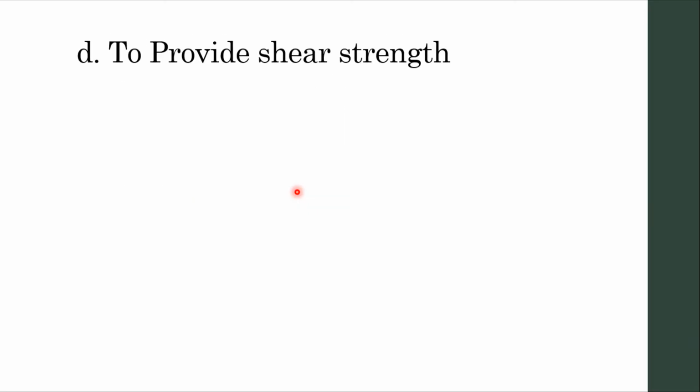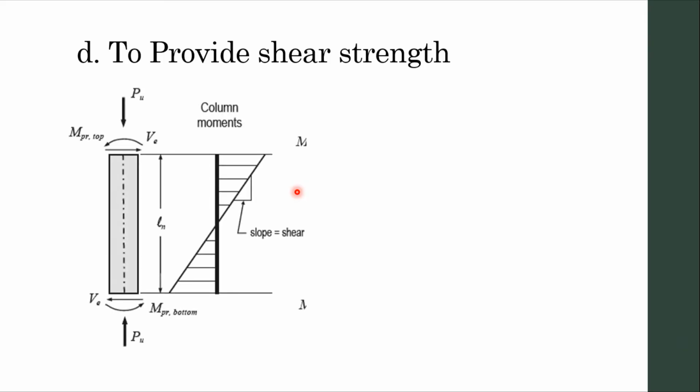And lastly, to provide shear strength. So, ito, alam natin na ang transverse reinforcement is magpo-provide ng shear strength sa ating column, just like the beam. For example, this is our column, then the maximum moment, the large moment most likely will be produced at its ends. So, dun sa may dulong part.